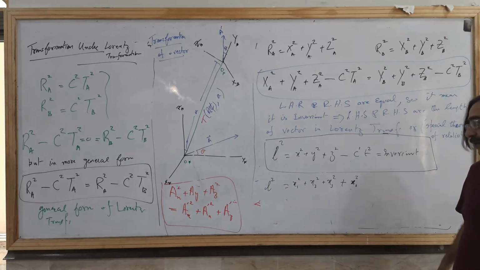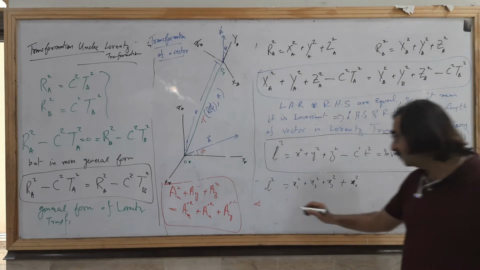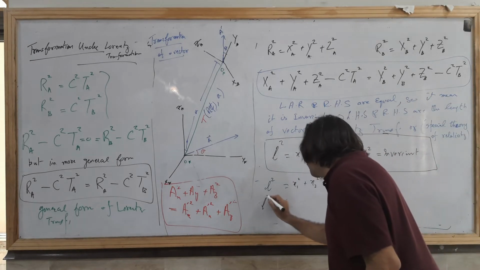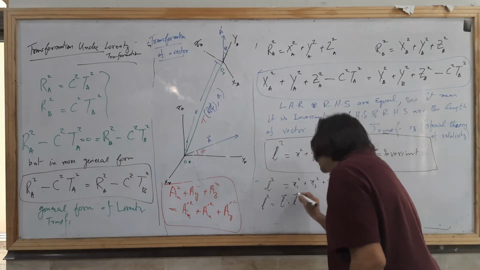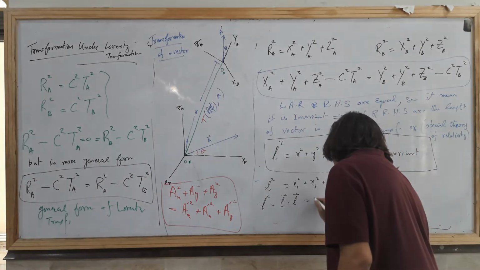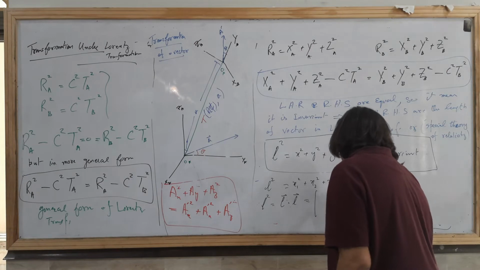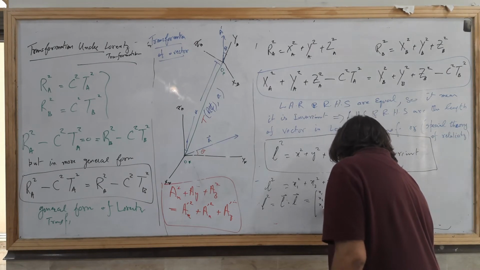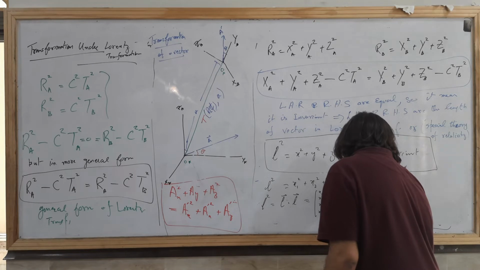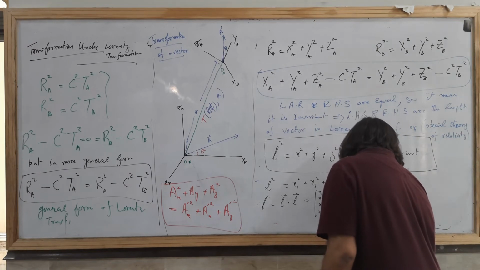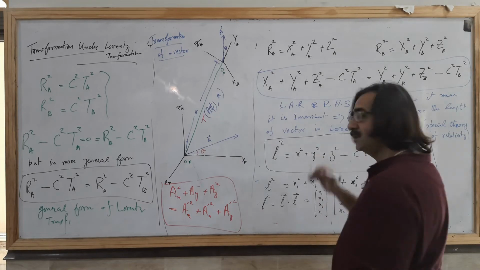So L square is actually the L vector. This will be equal to this.